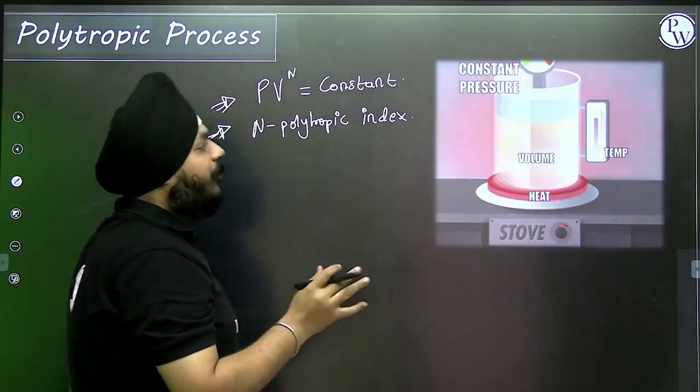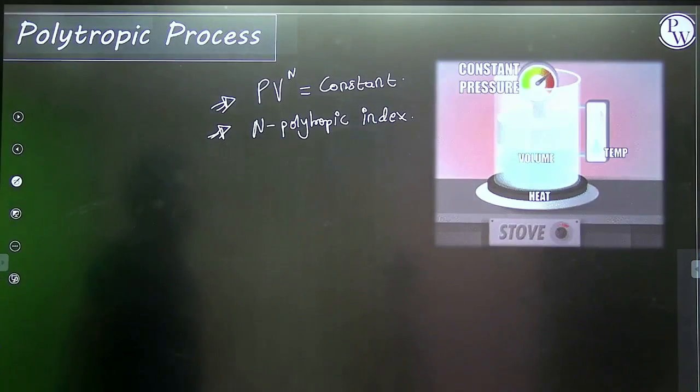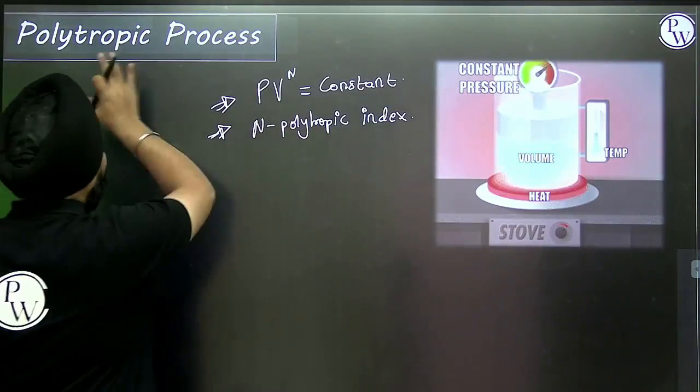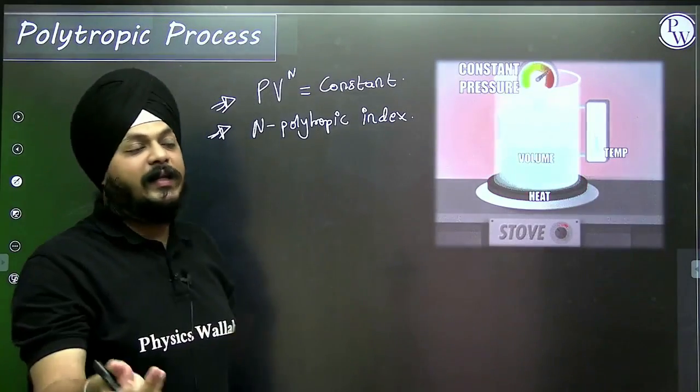This is a kind of general case. As the value of n is changed, we get different processes.